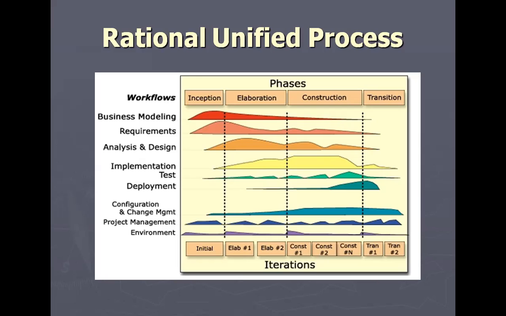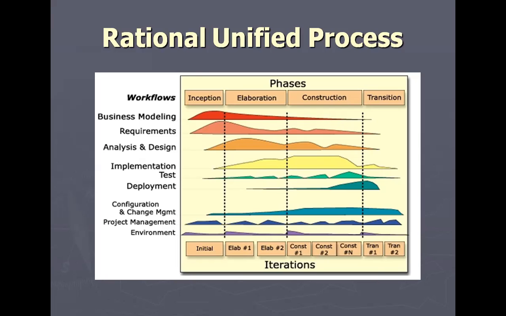The level with a red color indicates the maximum work. The maximum work of business modeling will be done in the inception phase and elaboration phase. The maximum work of requirements will be done in the inception and elaboration phases. The maximum work of analysis and design will be done in the elaboration phase.